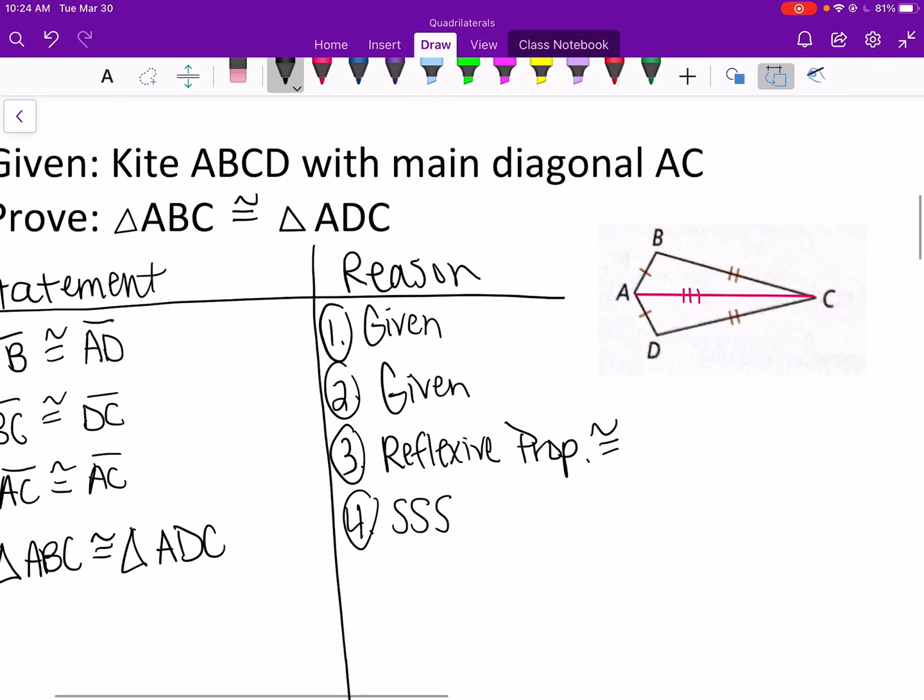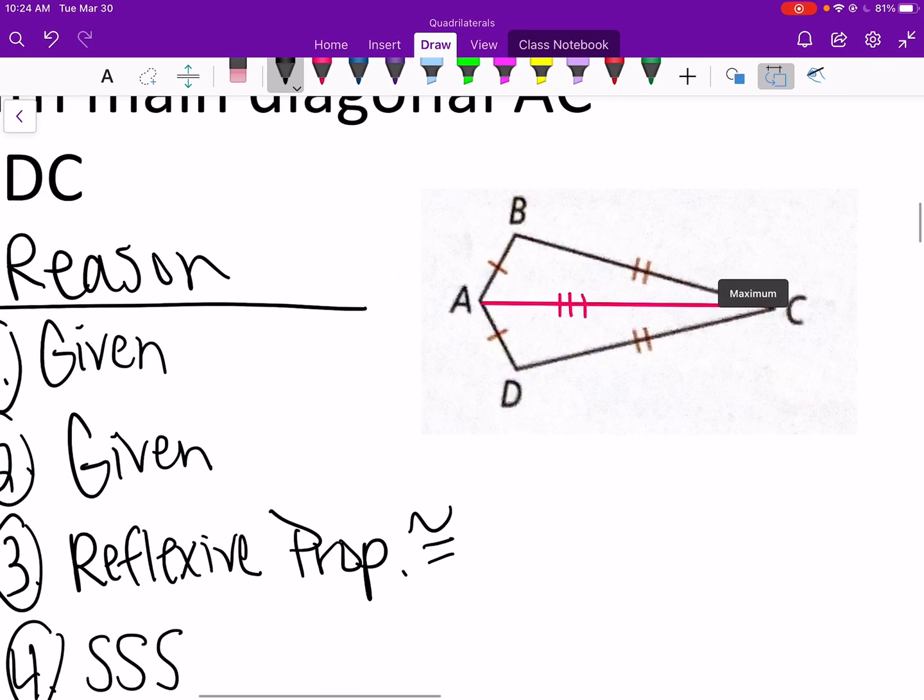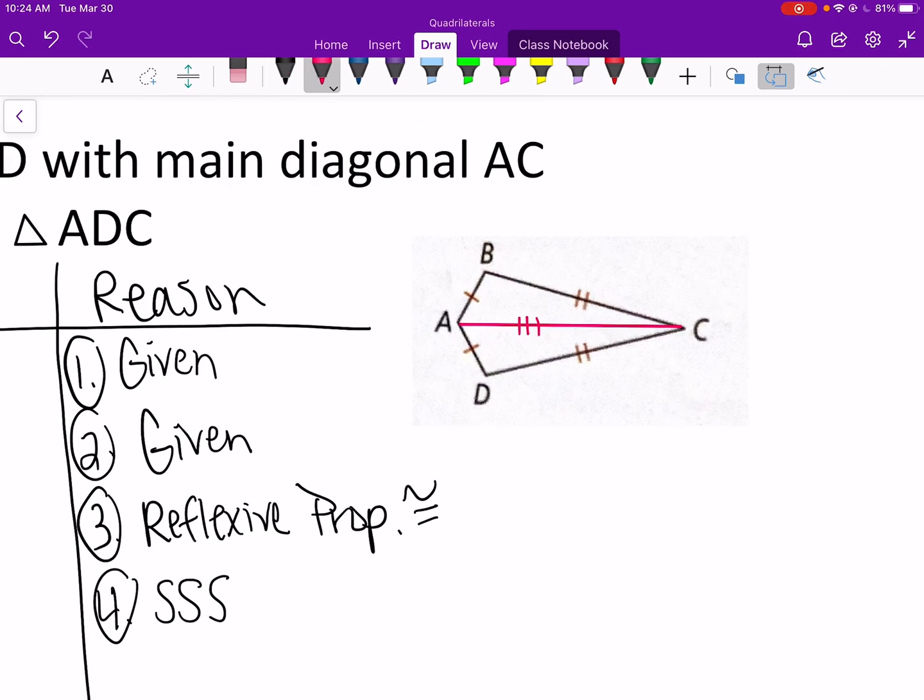The reason I wanted to show you guys this is because now we know some things about some of the other angles. Since these two triangles are congruent, I know angle B corresponds with angle D, so those angles are congruent. Angle BAC, which is this angle right here, corresponds with angle DAC, so those angles are congruent.